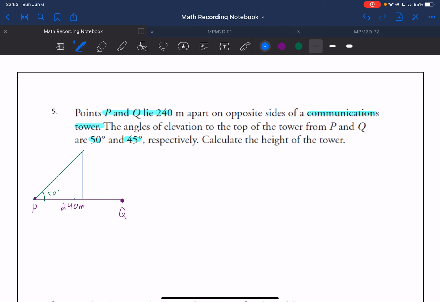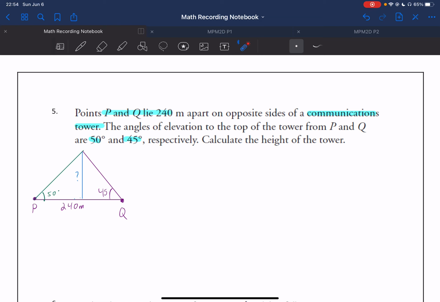From the other side, from Q to the tower, it creates a line that is 45 degrees. What we want to find out is this height. We don't know what it is.